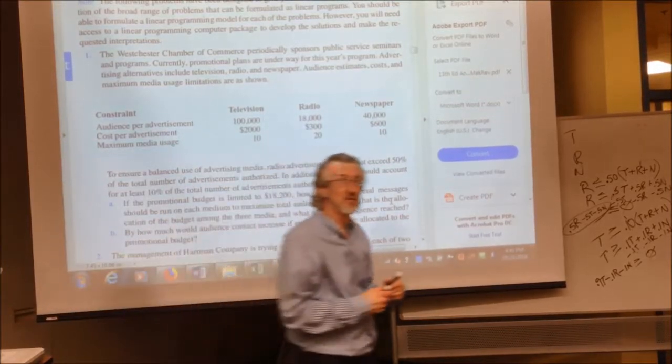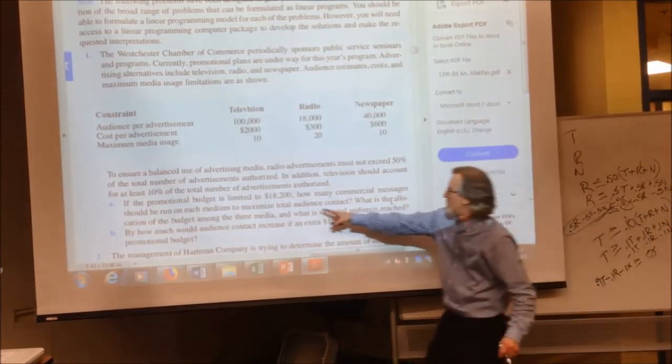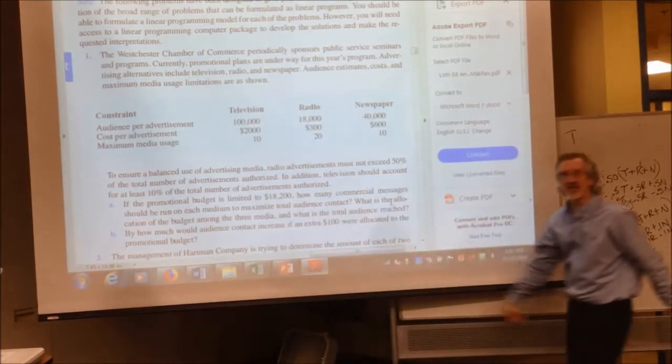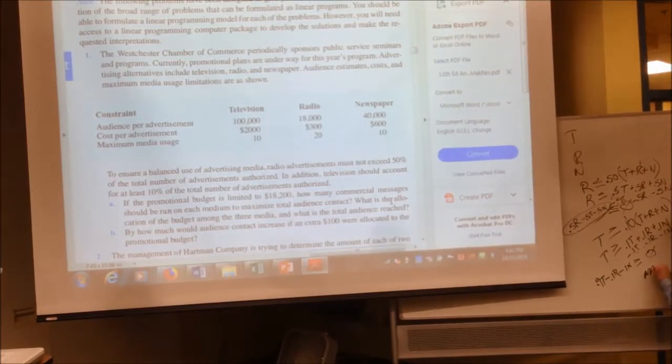Max or min? Max. It's right there, the sentence says, maximize the total audience contact. We have 3 variables. We're maximizing, and we take each variable, T, and put what number with T for this objective function?